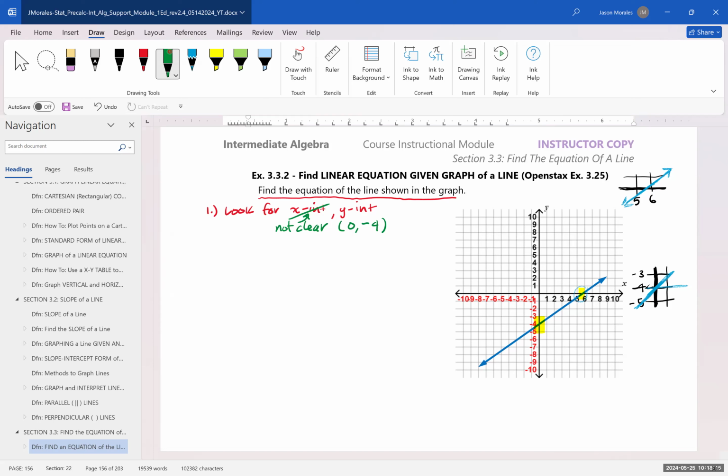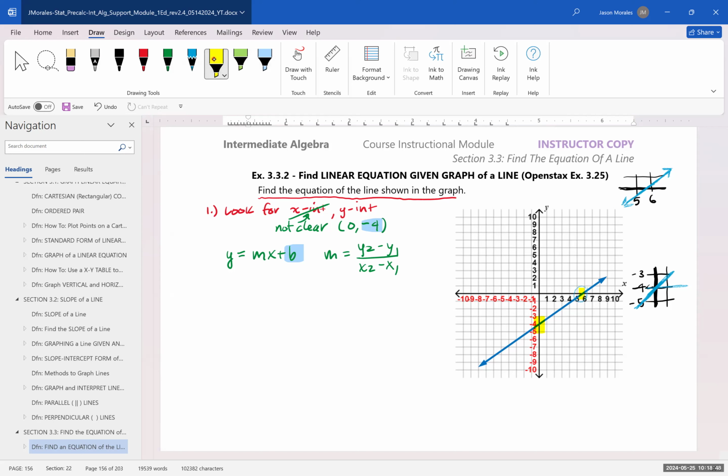All right. And so in order to find the equation of a line, we want to put it in slope-intercept form. So we need to get the slope and we need the y-intercept. Now, what's good is we just found the y-intercept. We got lucky there. But in order to find the slope, we need another point.